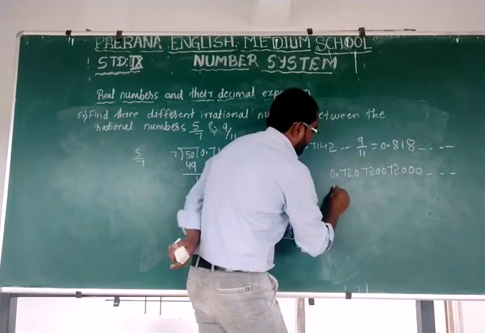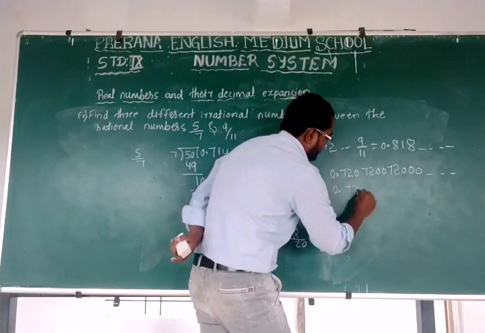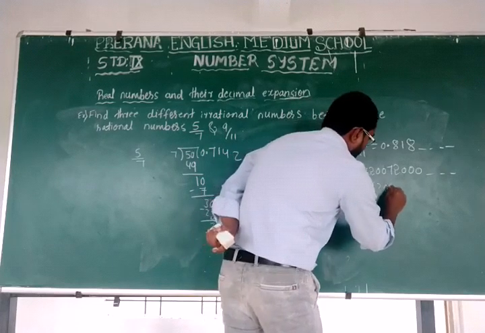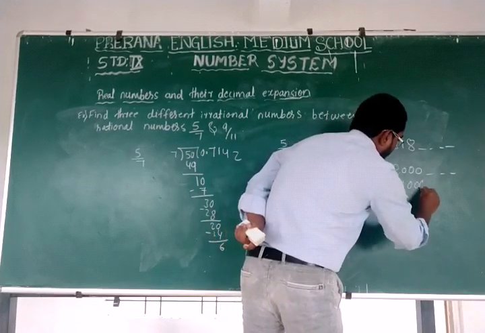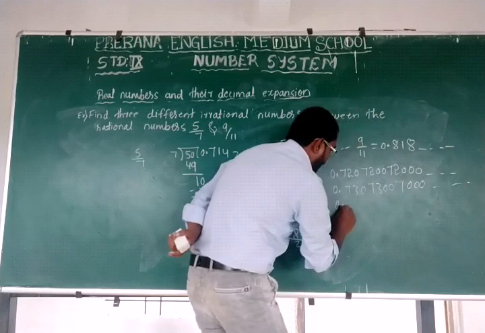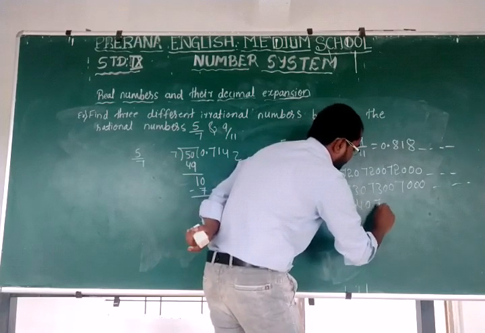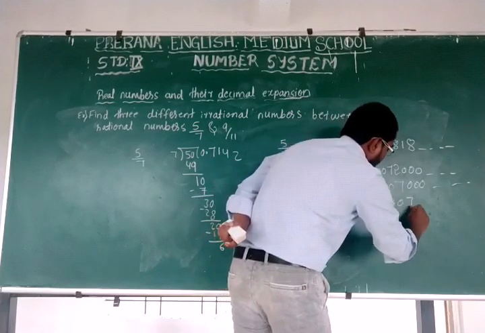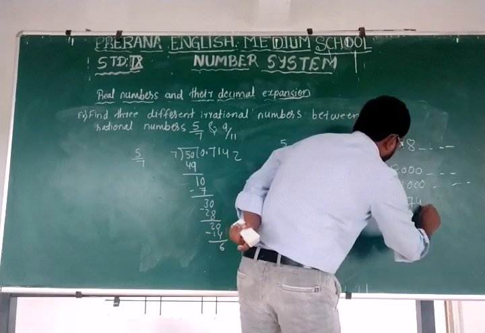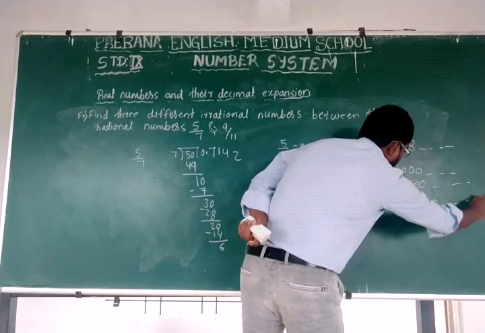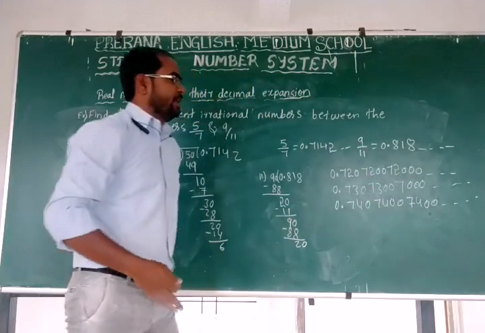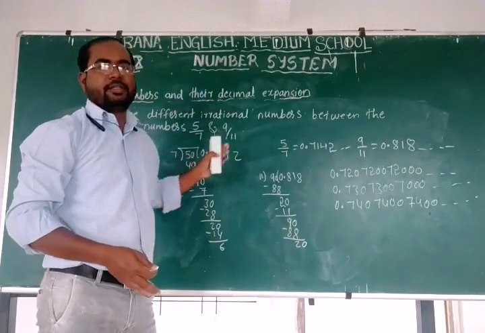Or one more number you can take: 0.730, 7300, 73000. Or 0.740, 7400, 74000, like this. Many irrational numbers you will get in between these.